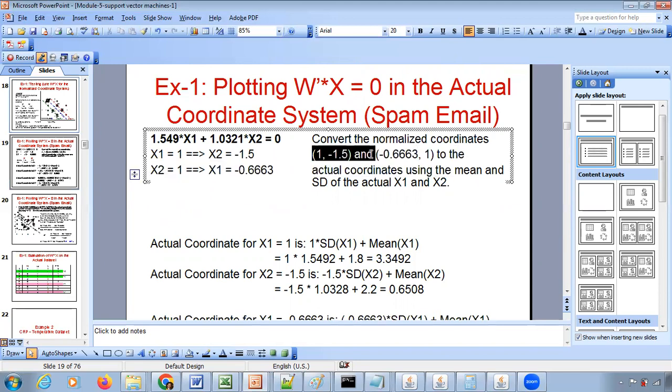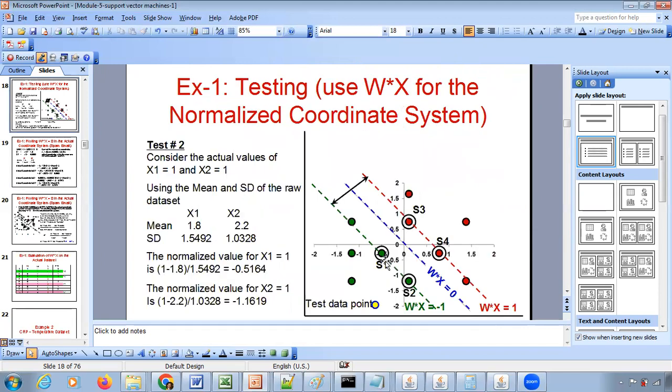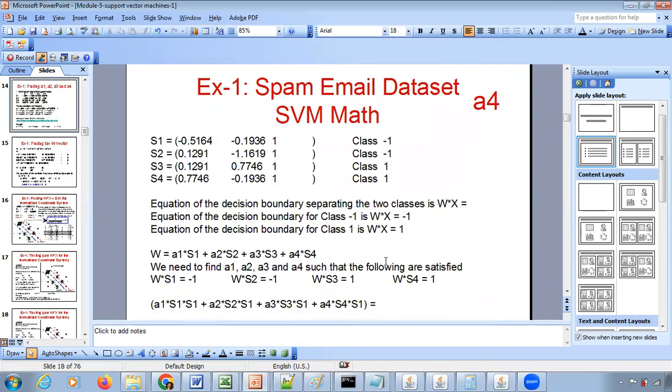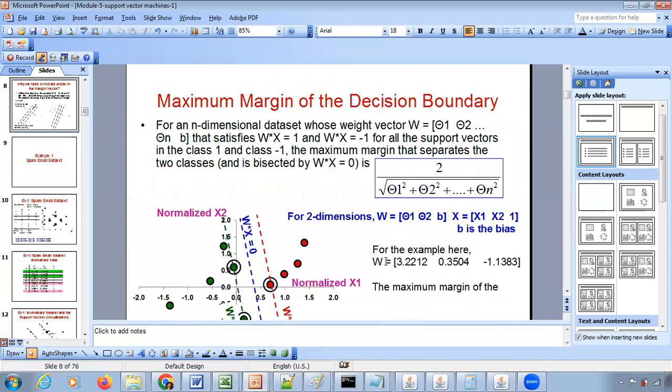We have the normalized value. So this is one normalized x1, x2, and we have the mean and standard deviation for x1 and x2. Let me copy this formula here.